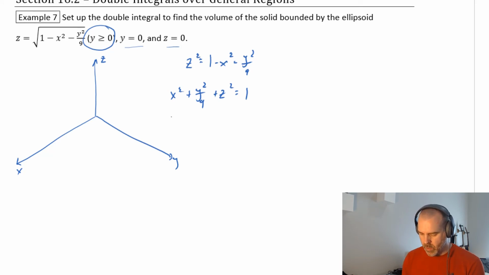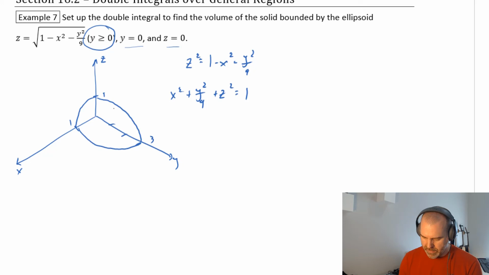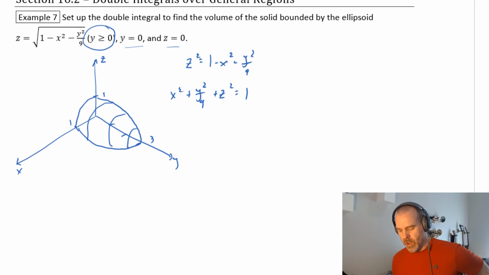We would get 1 in the x direction and then 3 in the y direction, and we'd have this portion of an ellipse. In the xz plane, y is 0, we actually just get a circle radius 1. And then in the yz plane, if x is 0, we get the other part here. So we have this portion of an ellipsoid. Y is greater than or equal to 0, and we're bound by y equals 0 and z equals 0.